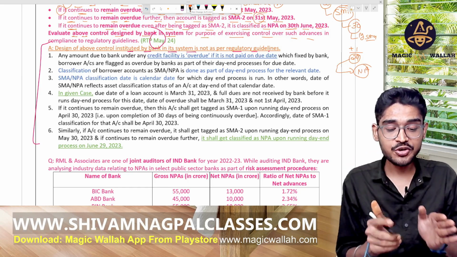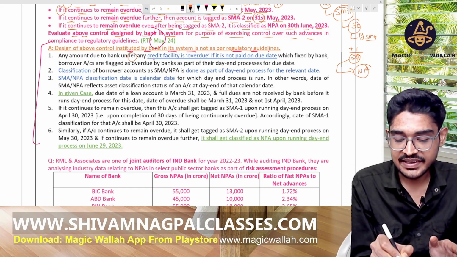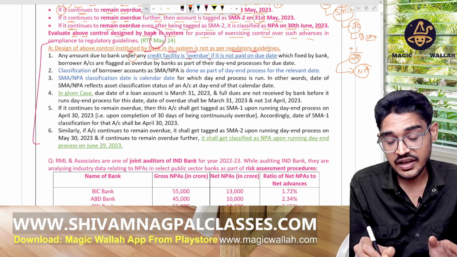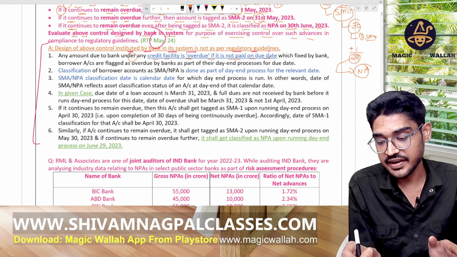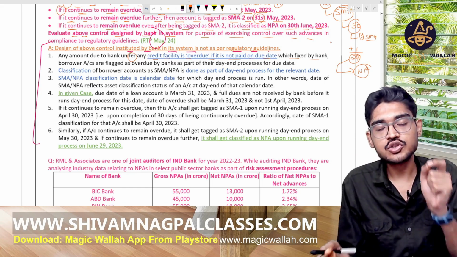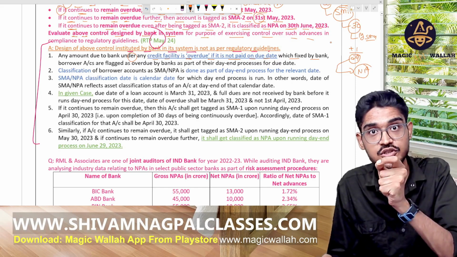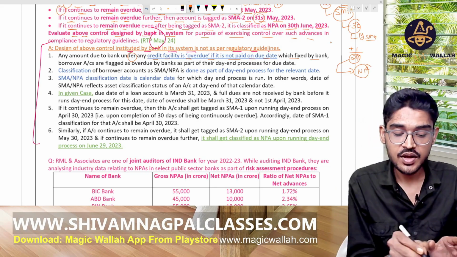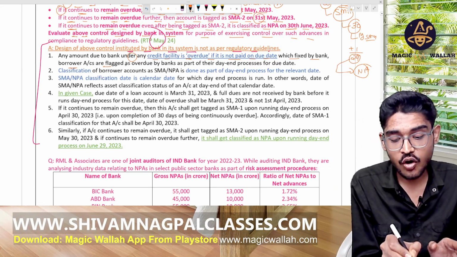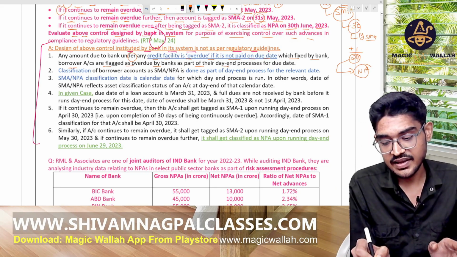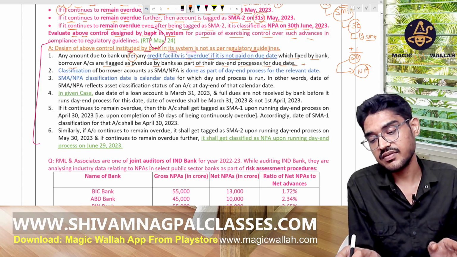Any amount due to the bank under any credit facility is overdue if it is not paid on the due date, which is fixed by the bank. So it becomes overdue on the same date, 31st March. The borrower account is flagged as overdue on the same day, 31st March itself.